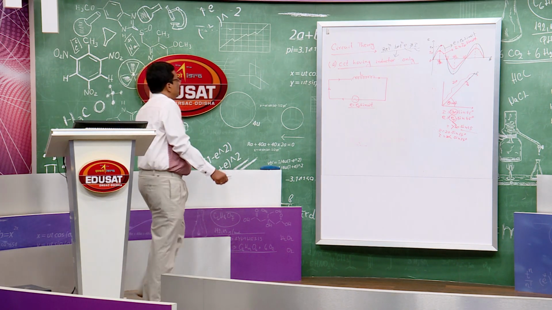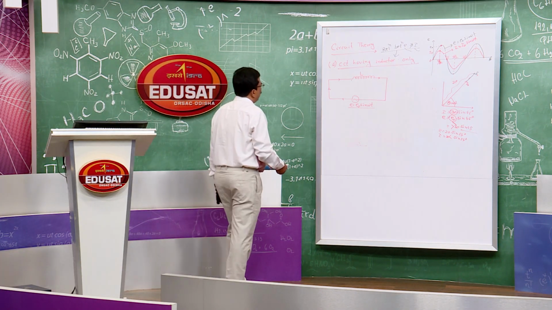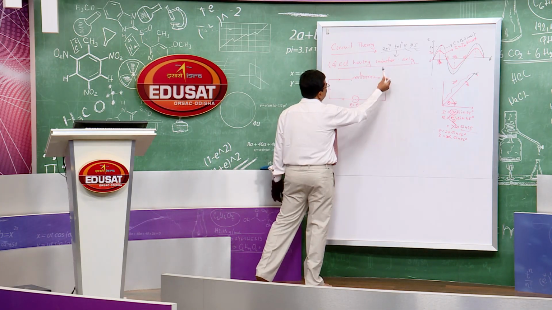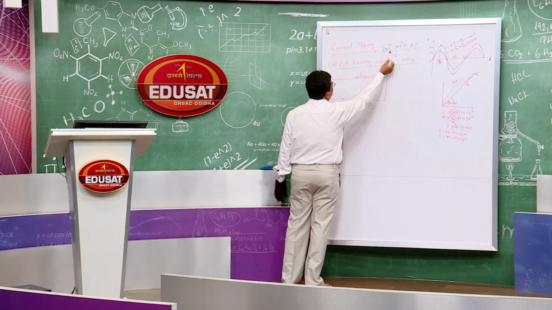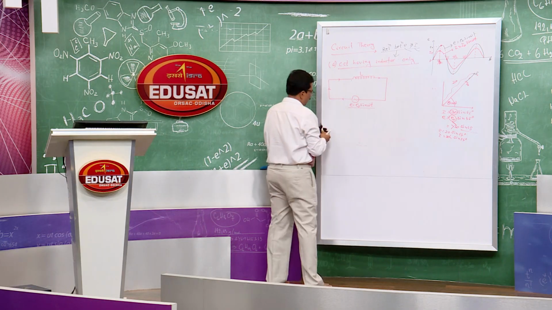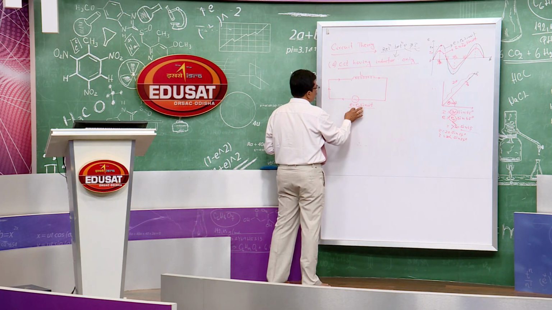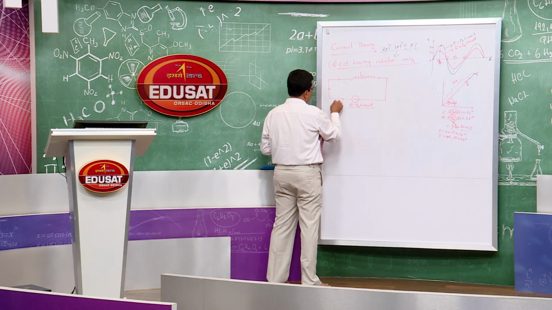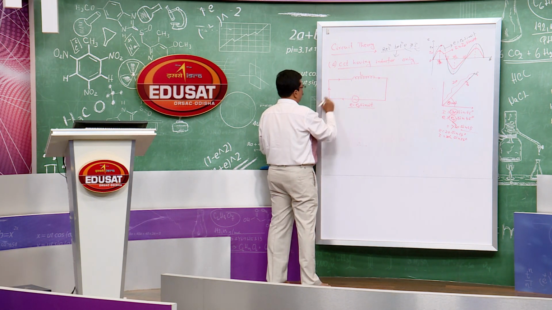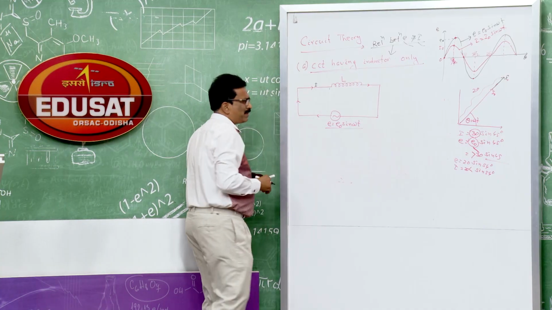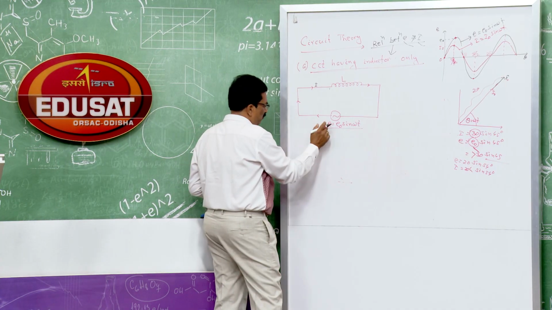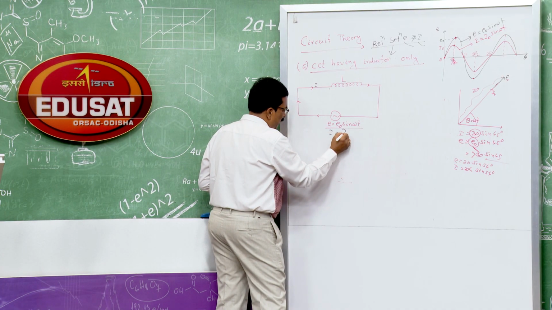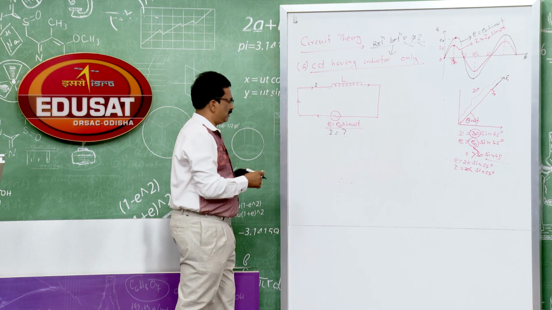What is the relation that a circuit having an inductor will exhibit, where we have to find the relation between E and I? L is the inductance of this coil. If some alternating current I is passing through it, then we have to find out what its current will be.